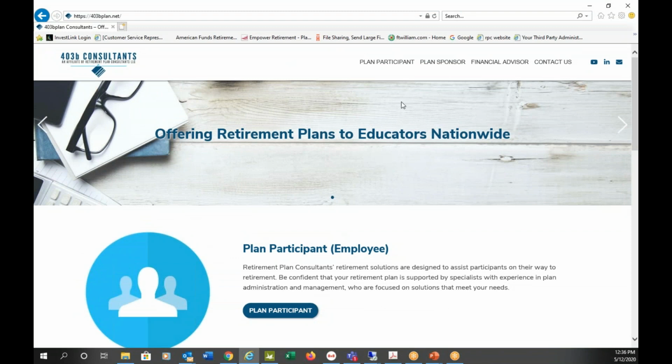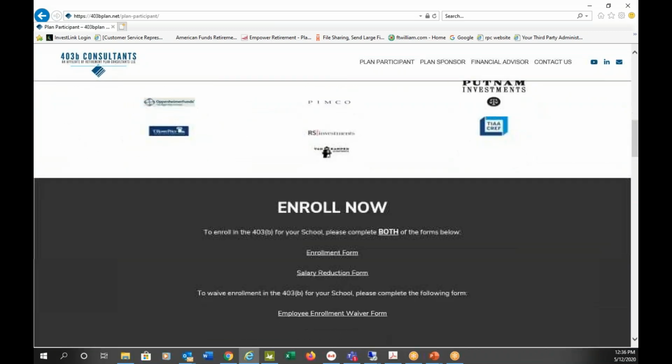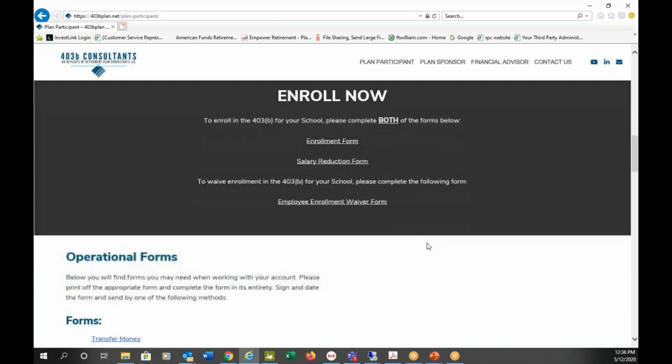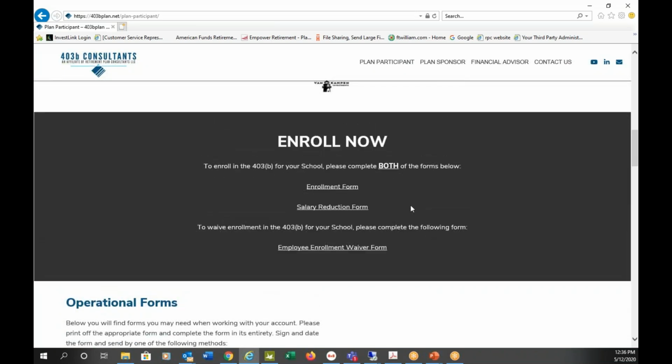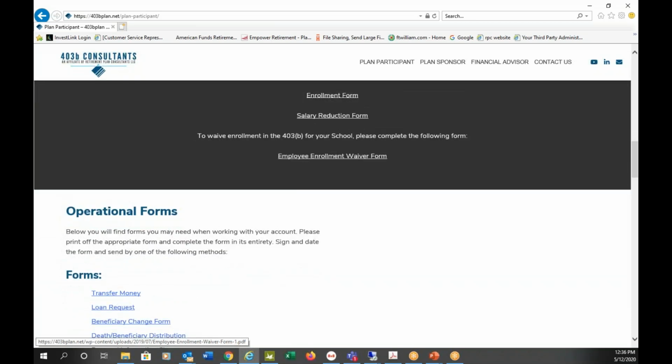For enrollment, the forms are located under Plan Participants in the Enroll Now area of the site. They will need the enrollment form application and the salary reduction form. If they choose not to enroll, the employee waiver form is also located here.